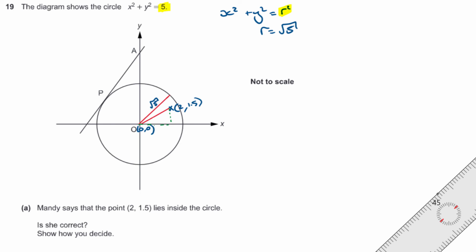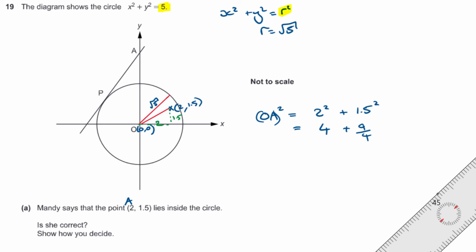I know that this value here is 2 and this one is 1.5. I get that from the coordinates. So 2 squared plus 1.5 squared, all square rooted. Let's call it point A, so the length OA squared is equal to 2 squared plus 1.5 squared, using Pythagoras' theorem. 2 squared is 4, and 1.5 is 3 over 2, so squared it is 9 over 4, isn't it?